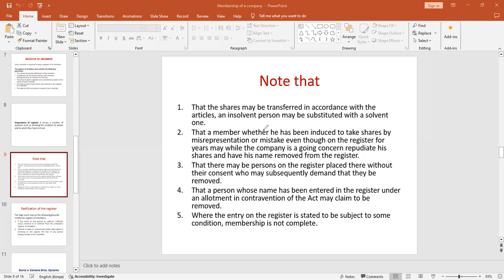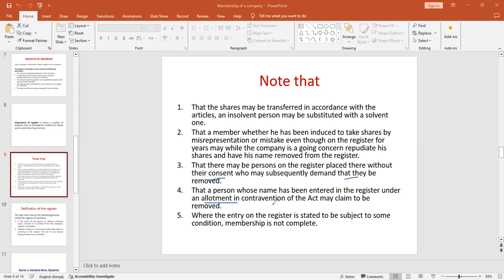But of course, at some point your name is going to be removed. If you are put on the register without consent, of course, you can have your name removed. So this is important. In fact, you're going to look at a question that really centers around this. A person whose name has been entered, through buying shares through allotment, can also have their name removed, and of course the reverse can also happen.